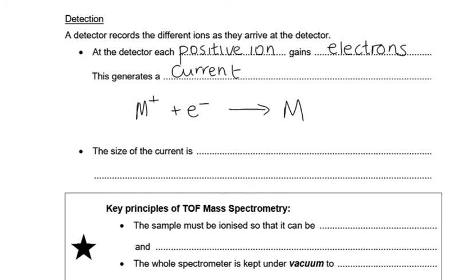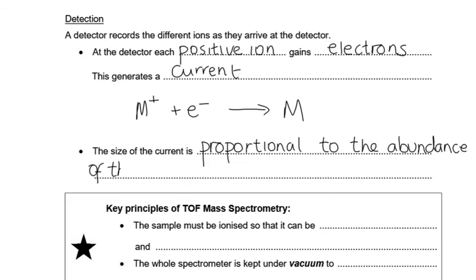The current is proportional to the abundance of the ion. The greater the abundance, the higher the current.